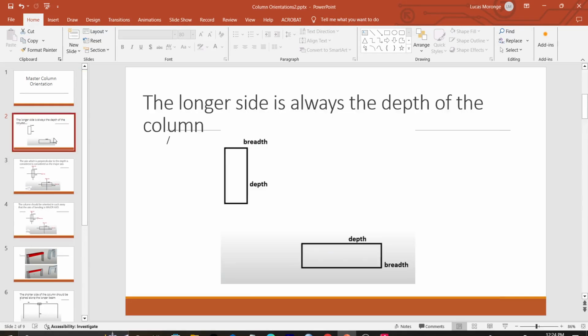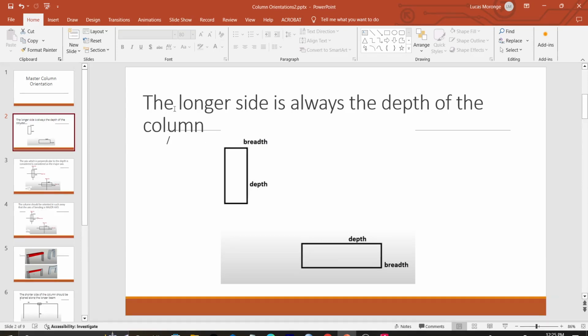There are things that you'll have to understand or consider when you're doing your column orientation. Always remember, the shorter part of the column is the breadth and the other one is the depth. The longer side is the depth. The breadth is always the width and is the one that should be perpendicular to the longer beam or the major axis of orientation.